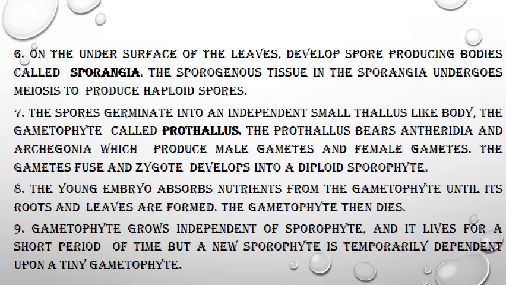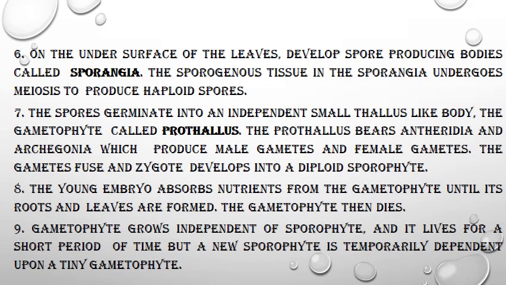The prothallus bears antheridia and archegonia, which produce male and female gametes. The gametes fuse and the zygote develops into a diploid sporophyte. The young embryo absorbs nutrients from the gametophyte until its roots and leaves are formed. The gametophyte then dies.